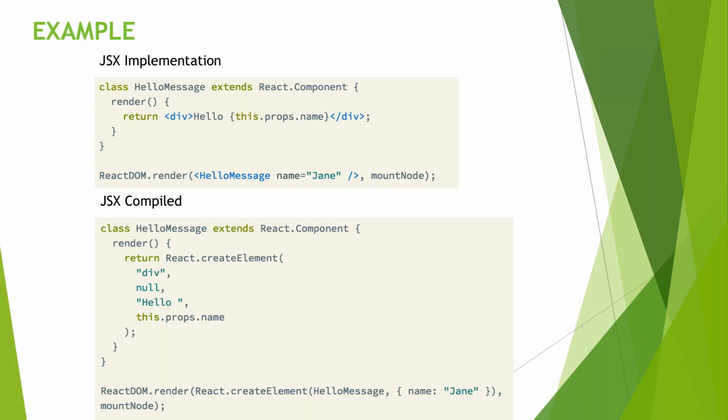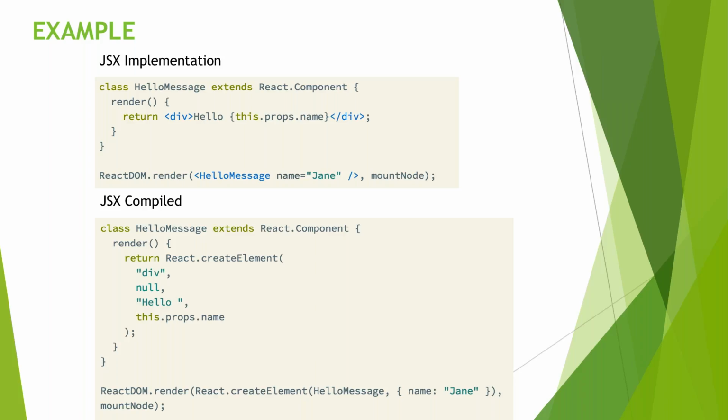Now, the bottom of the code that you see is the compiled JSX. So this is the beauty of JSX. If you did not have JSX, you would have to write the code as you are seeing in the bottom code, which is React.render, React.createElement, then you give the element name and then you give the value, right?